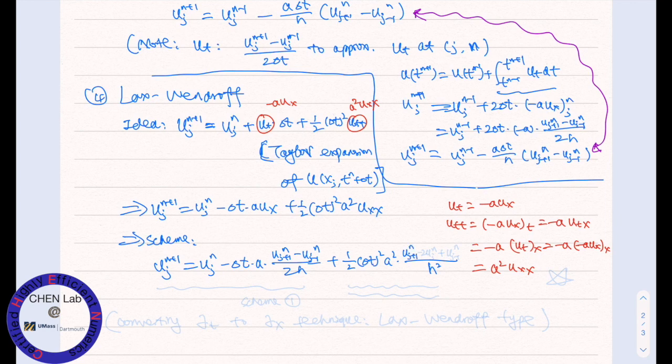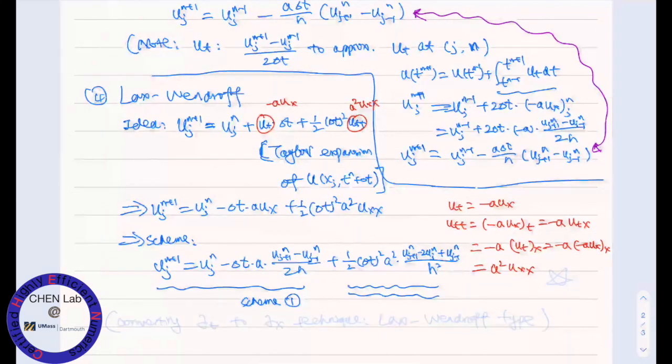We see that this part is basically just the first scheme that we just talked about: forward Euler in time and central in space. So basically, Lax-Wendroff is adding this term. We fix the first scheme that's not so good. We fix the bad scheme.